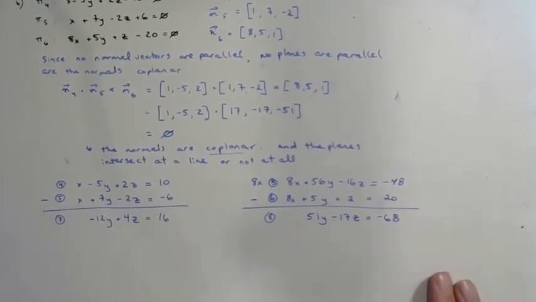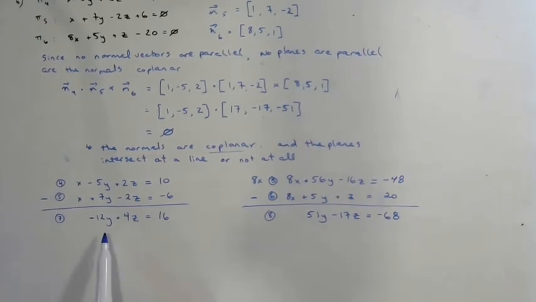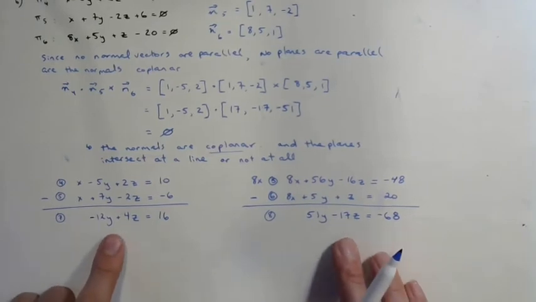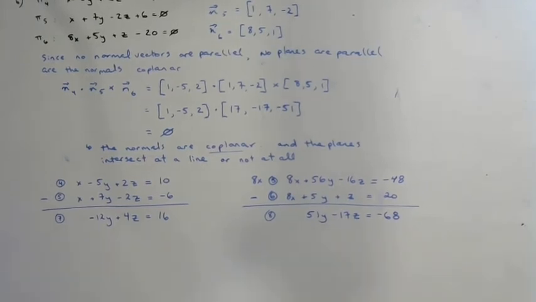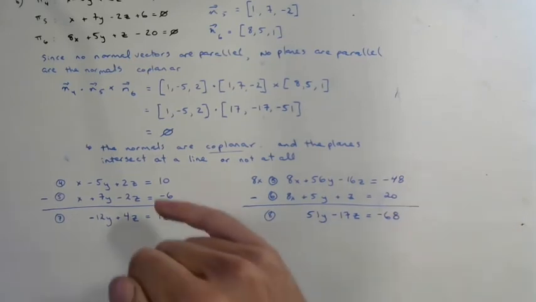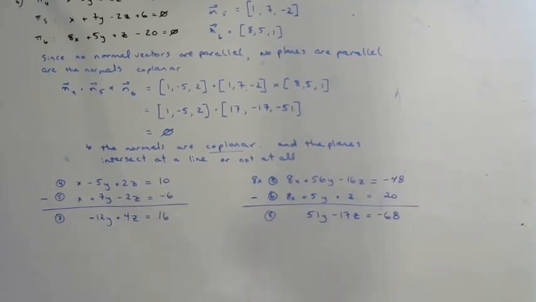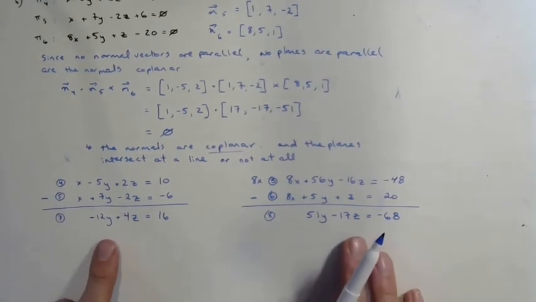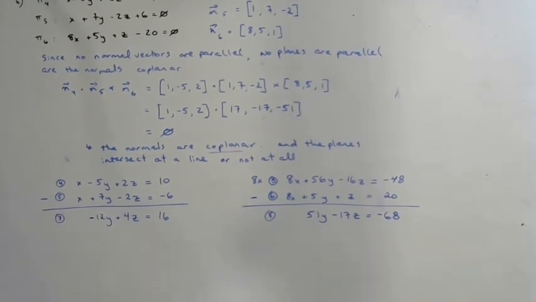Okay, so what I'm saying is that if I find a z and a y that satisfy both of these equations, I can be sure that it also will satisfy equation 5, equation 6, equation 4, and that it will give us a solution for our intersection of planes. If I cannot find a solution for this new system of linear equations, then there is no intersection. Okay, there is no x, y, z or a line that these planes intersect at.